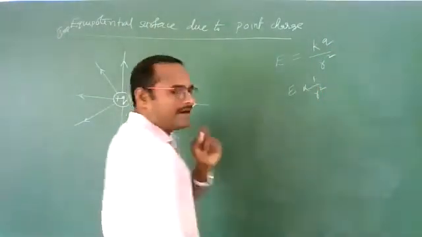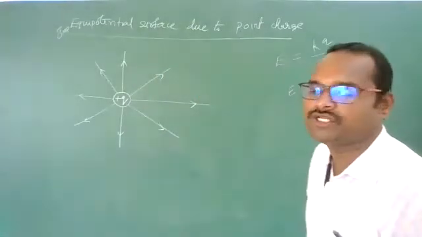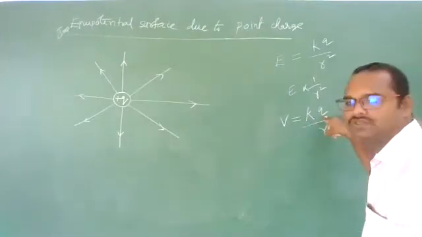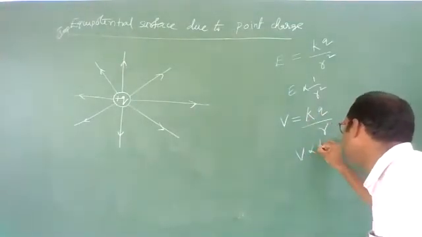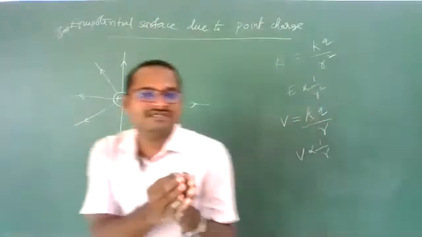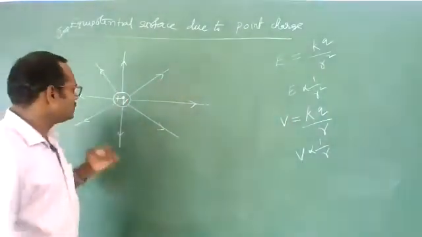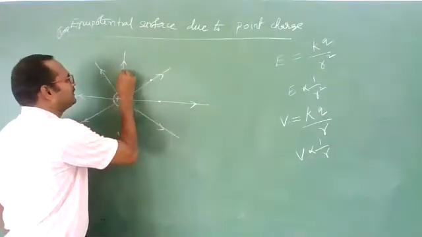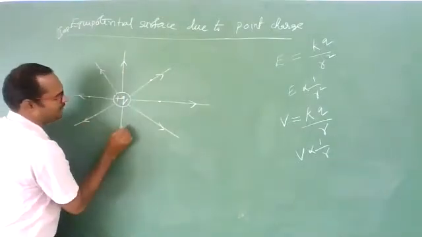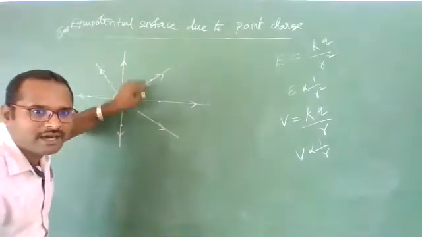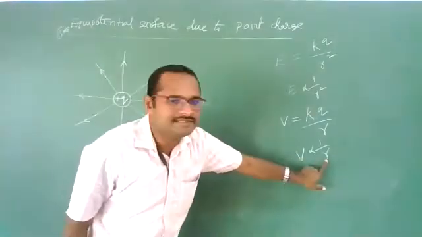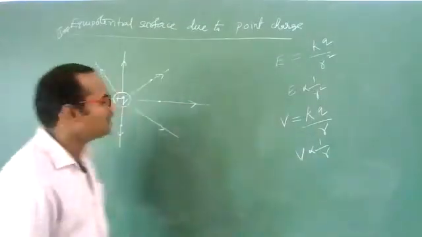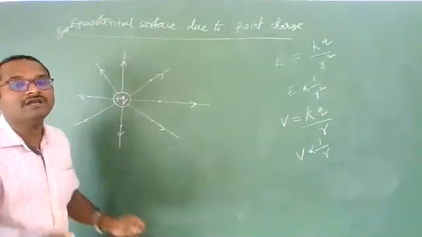One more point you know: electric potential due to a point charge, the formula is KQ by R. As Q is constant and K is constant, it is inversely proportional to R, meaning it decreases with distance R. Now consider one particular point at a distance R, and another point here, another here, and so on. All these points I have marked are at equal distance R from this positive charge Q. If distance is equal, then potential should be equal, so all these points have equal potential.